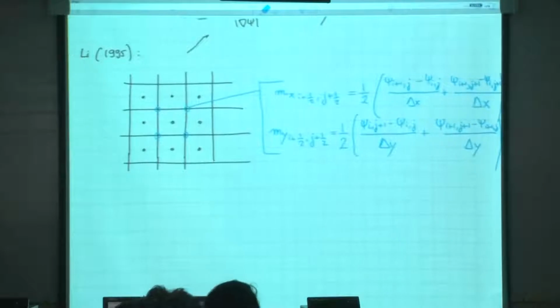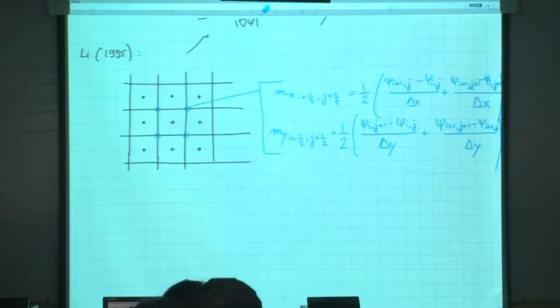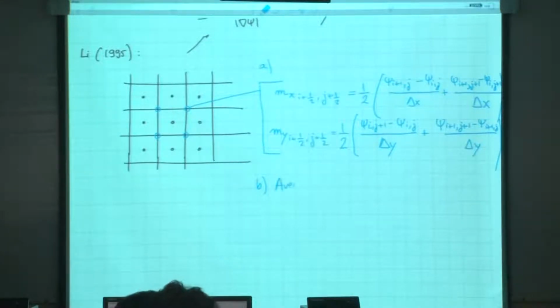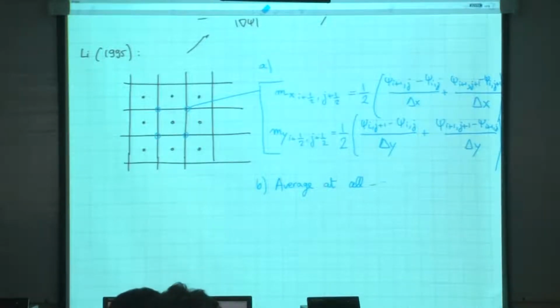So that will give you 4 different estimates for a given cell. So that's step A. Step B, we're going to average at the cell center.